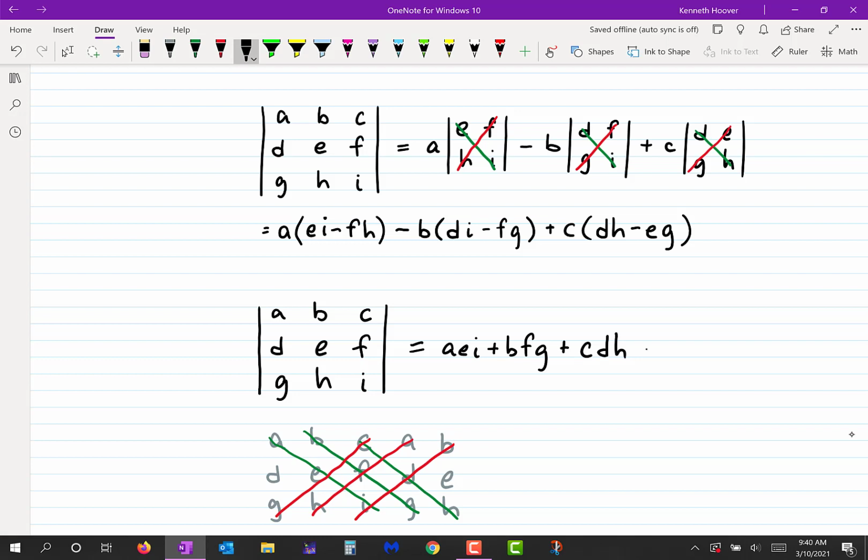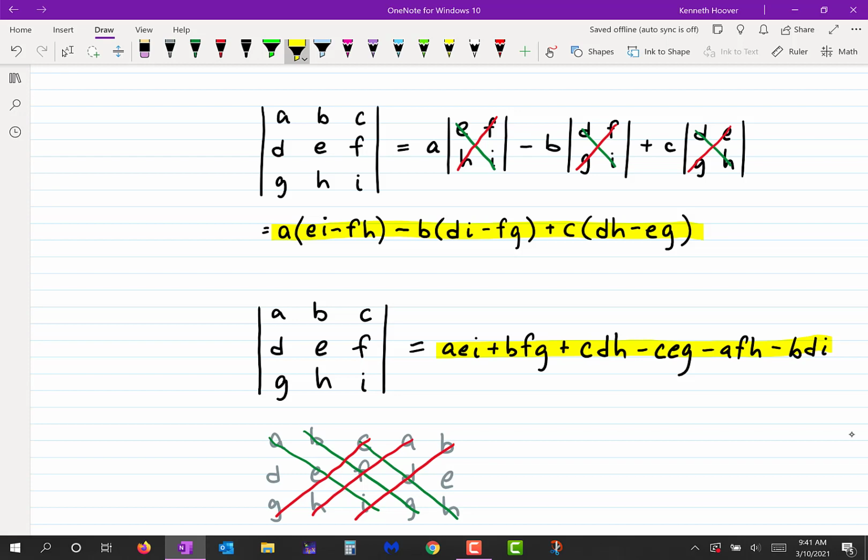So we would have minus CEG minus AFH minus BDI. Okay, and you can compare and you can see that this gives us the same thing that this does. So either of those two ways, that's how you calculate a 3 by 3 matrix. The determinant of a 3 by 3 matrix is what I meant to say.